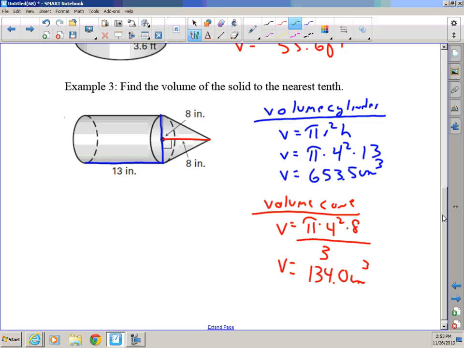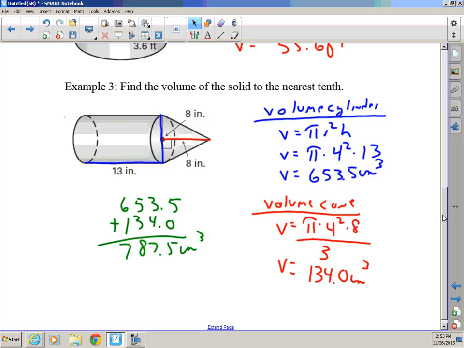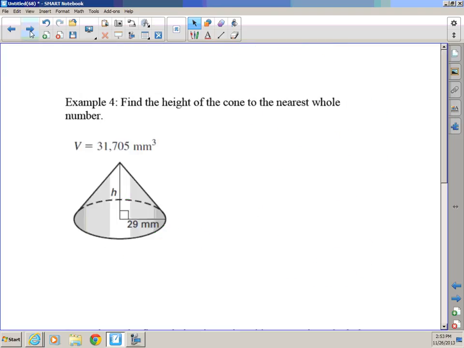Since this is a composite figure, I'm putting the two of them together. So I take 653.5, add to that 134, and I get 787.5 inches cubed.